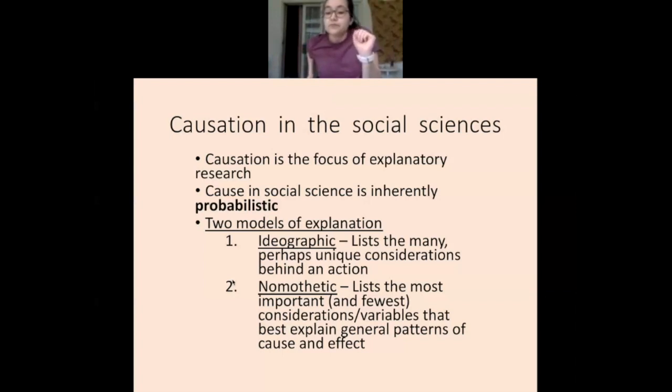Ideographic can provide a bunch of different sort of insights on one particular action, statistically complex things, with the variables that we're working with, but really highlighting the key considerations and variables that are most important and how they influence the dependent variable.